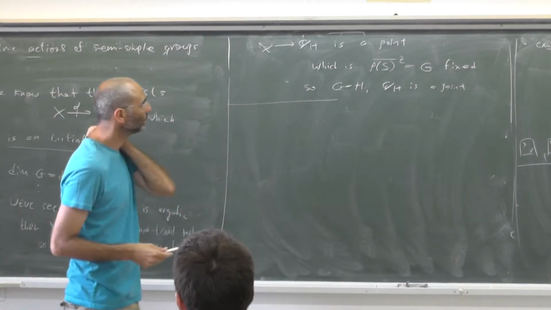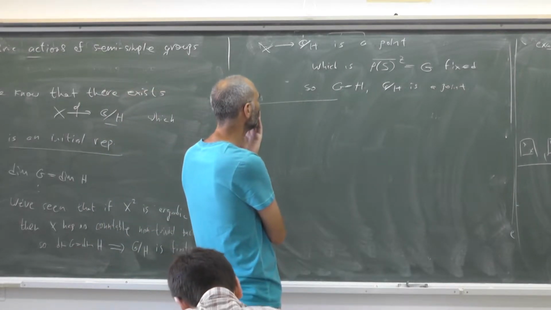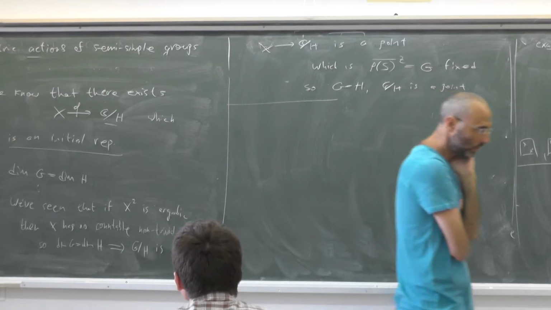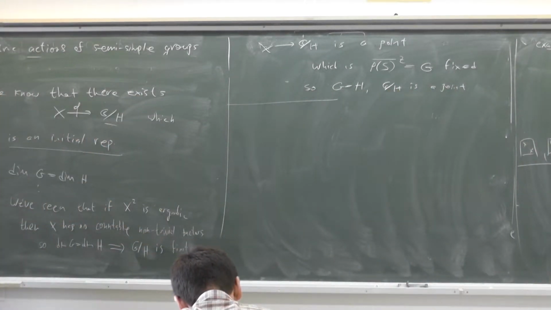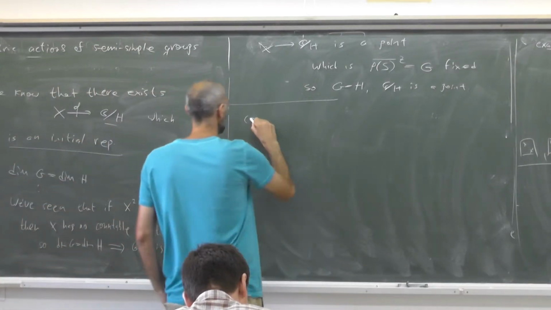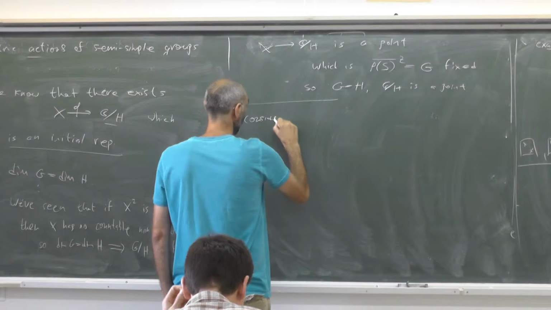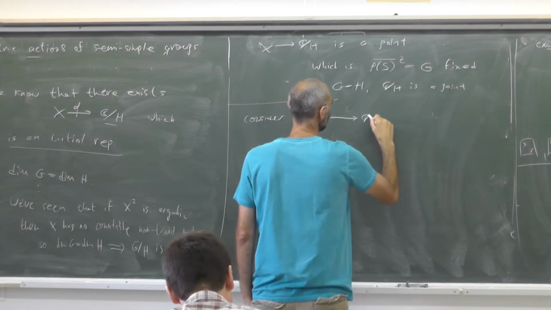And now I want to claim the following. Now I want to consider, for each n, the map from X to the n to G mod H to the n.